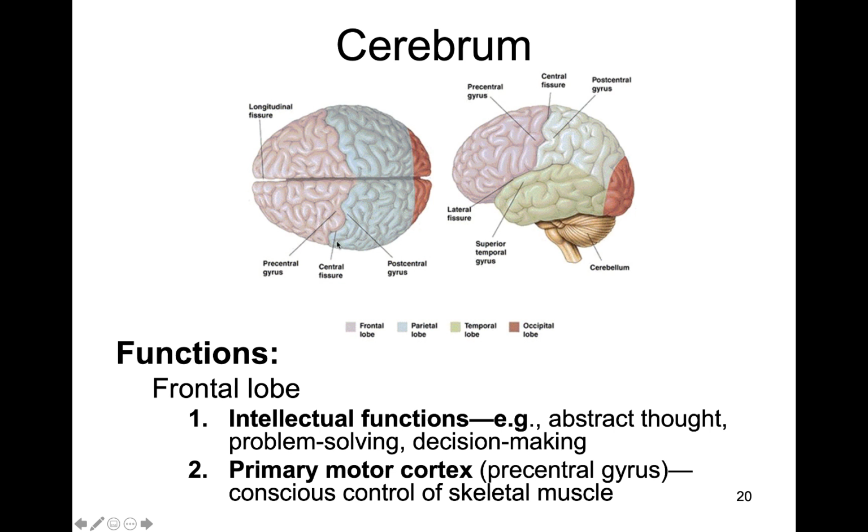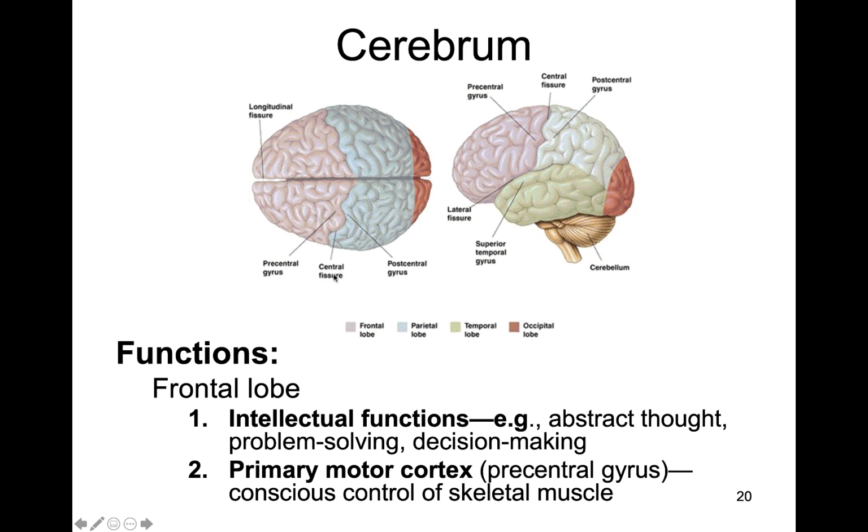If you were to look at this picture, we already labeled the longitudinal fissure. And then there are the gyri. We call these elevated ridges gyri, or gyrus if it's a single one. Now there is something called precentral gyrus, and then there is the postcentral gyrus. So there's another groove that's going down through the center.